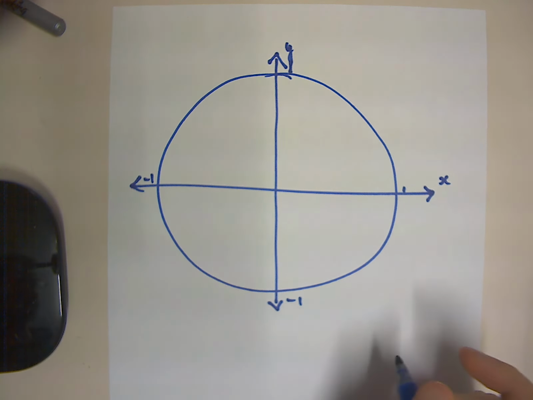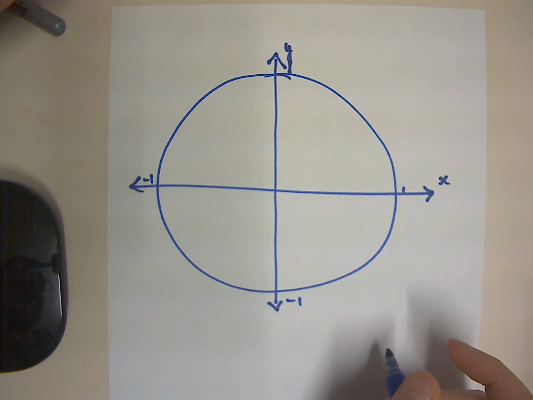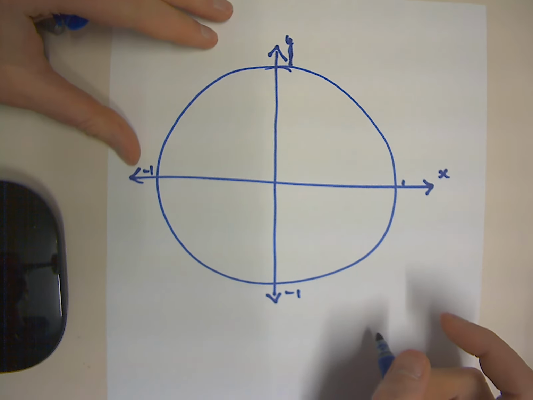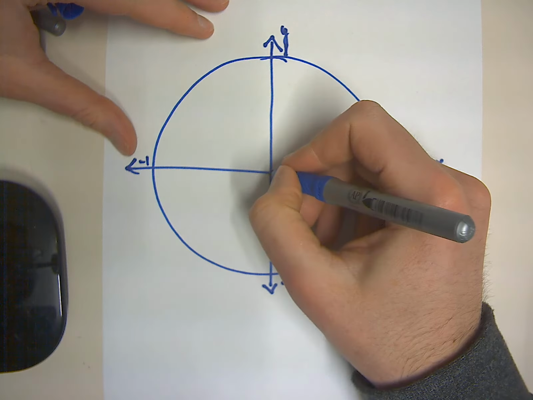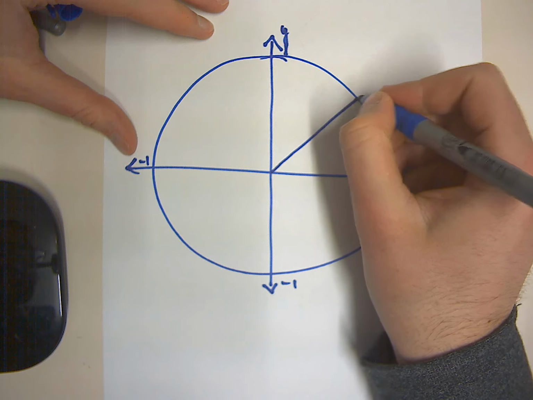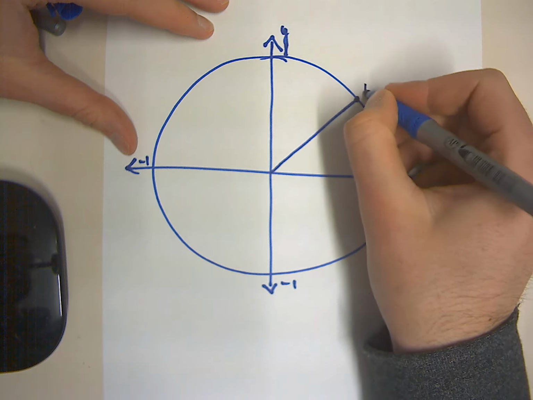Now, if I draw an angle out here, that's P there.